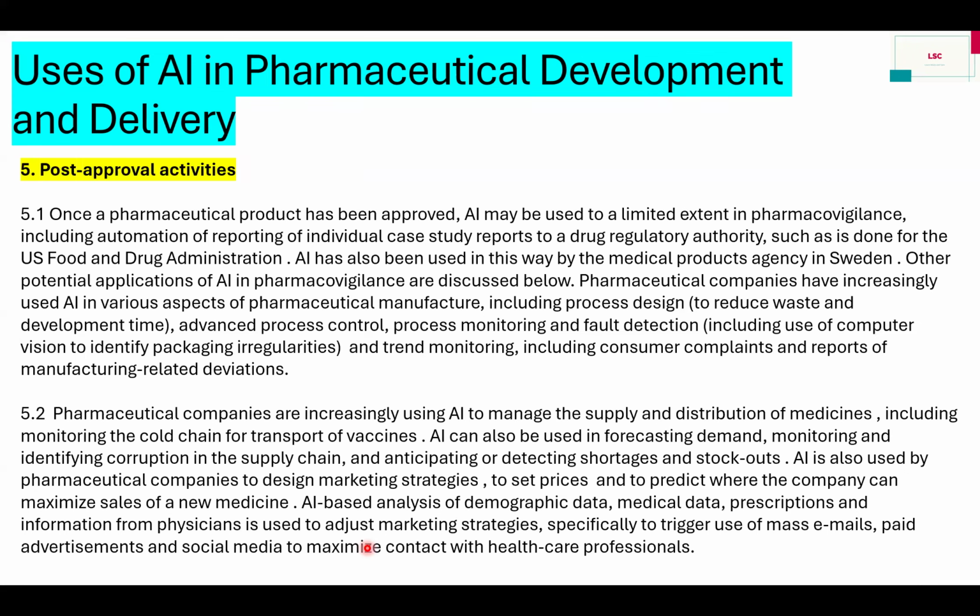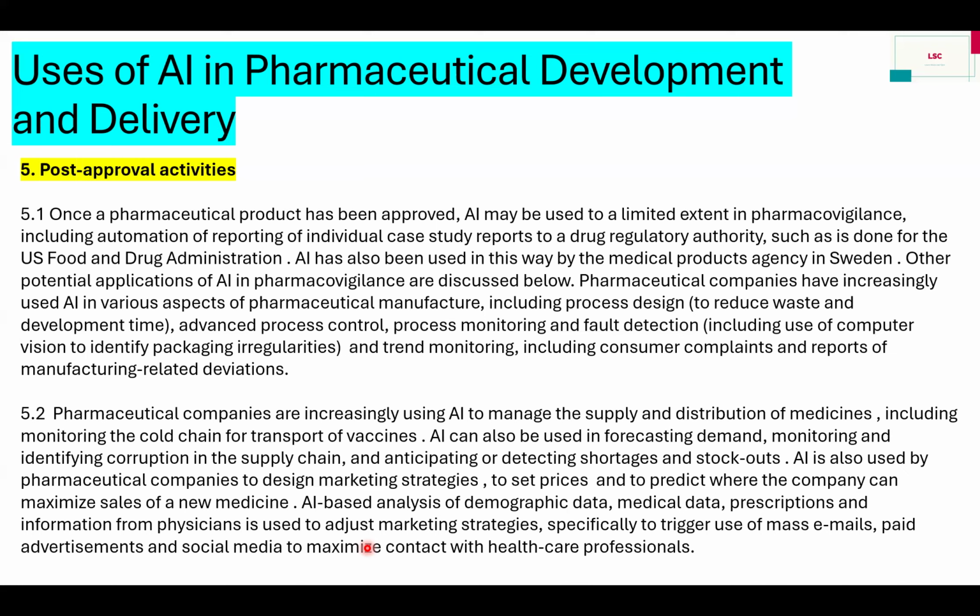AI can also be used in forecasting demand, monitoring and identifying disruptions in the supply chain, and anticipating or detecting shortages and stock-outs. AI is also used by pharmaceutical companies to design marketing strategy, to set prices, and to predict where the company can maximize sales of a new medicine.